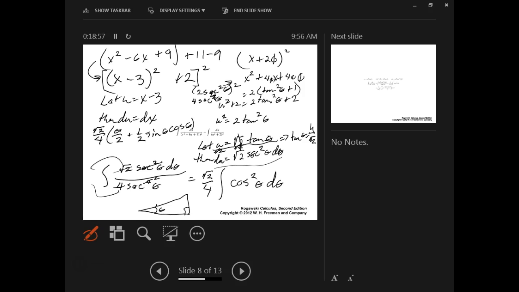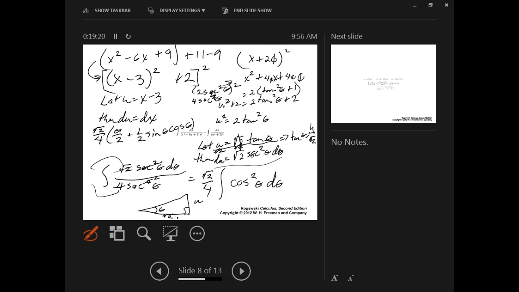Opposite is u, adjacent square root of 2. So opposite is u, and this is the square root of 2. Now, here was our answer, right?